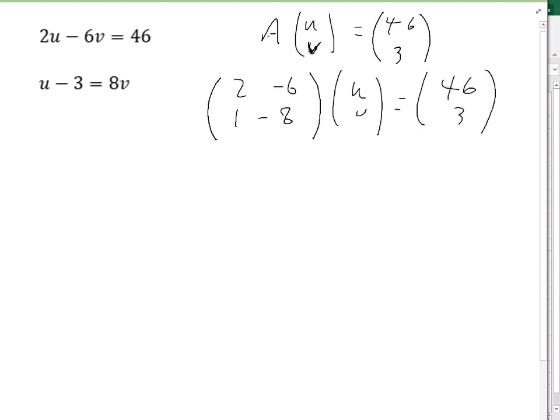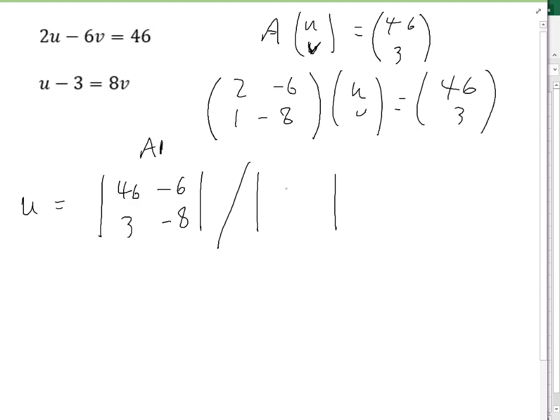So we should be able to get the value of u using Cramer's rule by looking at the determinant of the matrix sometimes called A1, where you take matrix A and you replace the first column with 46 and 3, and then divide that by the determinant of the original matrix, 2, minus 6, 1, minus 8.